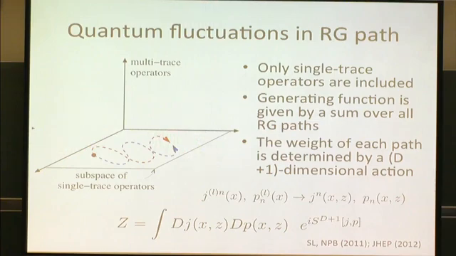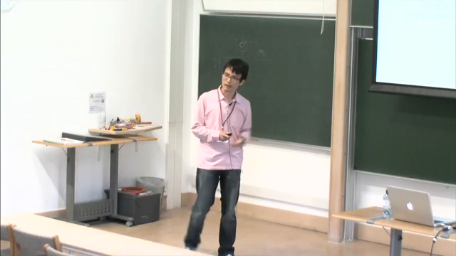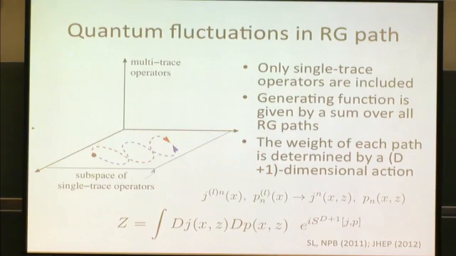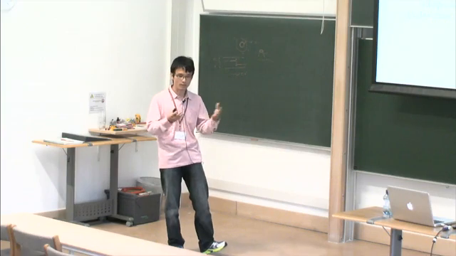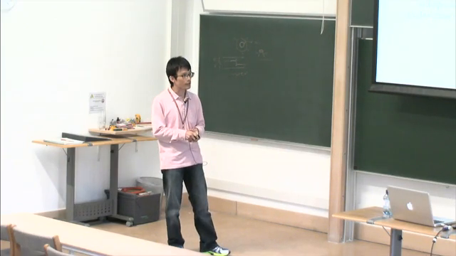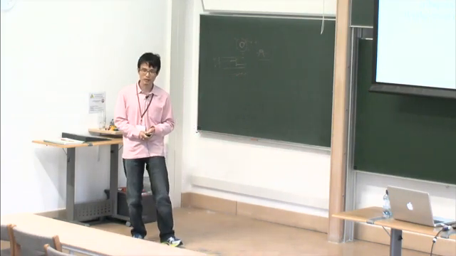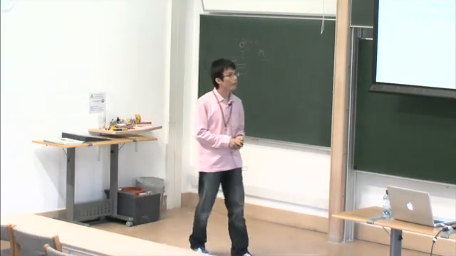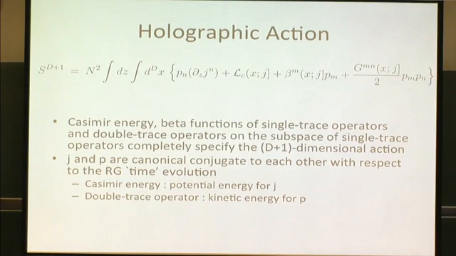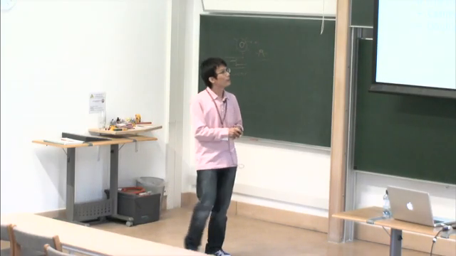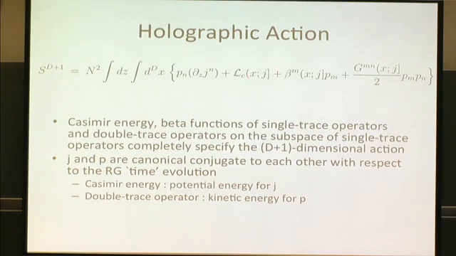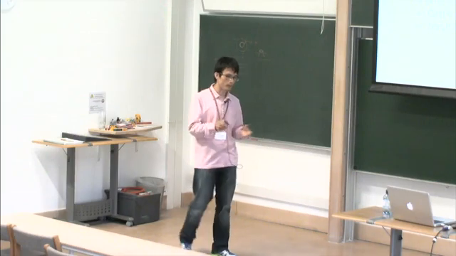And then, as I said, this discrete RG index becomes a continuous radial dimension. So therefore, this action that governs the fluctuation of dynamical source is naturally a d plus 1 dimensional action for this dynamical source and the conjugate field. And then the information that you need to know to construct this holographic action is basically the Casimir energy, as Sean pointed out.